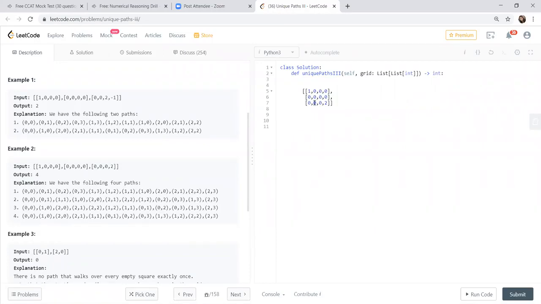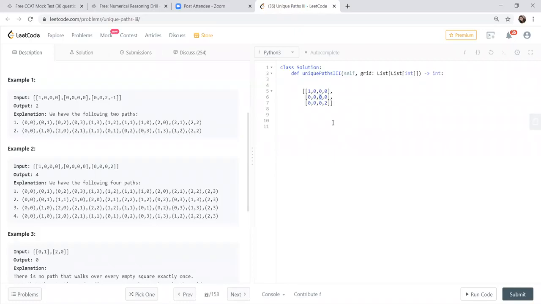But we will not find an answer because we will not cover all the zeros. Then we will again backtrack and go to the right over here, and then again explore. So that's how backtracking will work. While we are coming back, we will unmark all those. Got it, thank you.